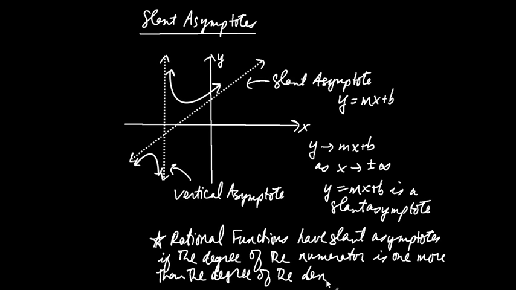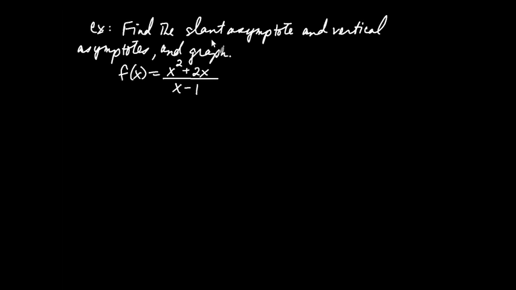That's our rule. That's how we're going to know we have a slant asymptote. So find the slant asymptote and the vertical asymptotes, or asymptote if there's only one, and graph this function.